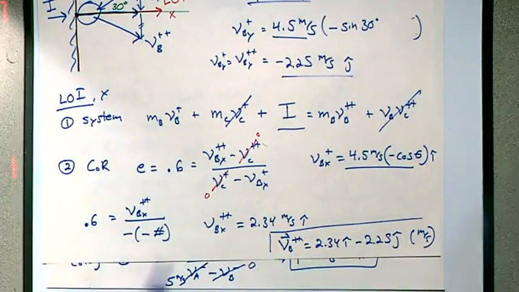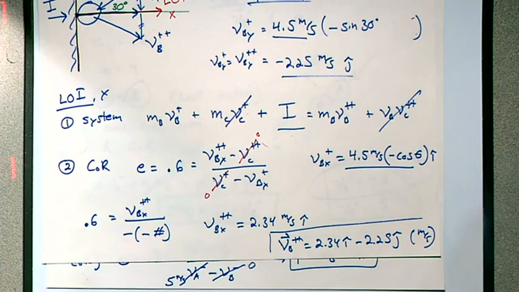What does that look like? 2.34 minus 2.25. That's what we got. If I needed to figure out this angle, I could say the tangent of theta.